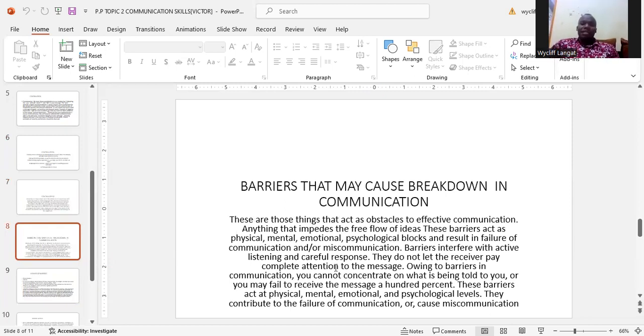Now, you have barriers that may cause breakdown in communication. These are those things that act as obstacles to effective communication. Anything that impairs the free flow of ideas. These barriers act as physical, mental, emotional, and psychological blocks and result in failure of communication and or miscommunication. Barriers interfere with active listening and careful response.